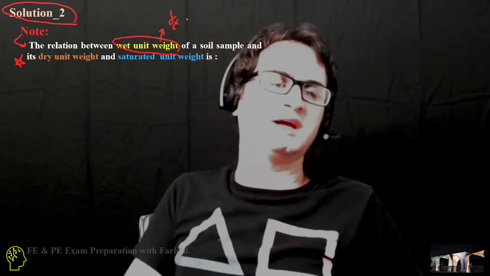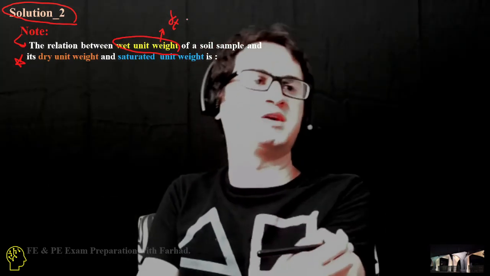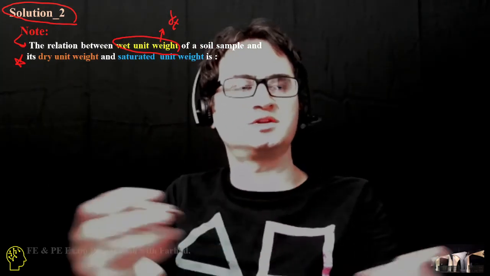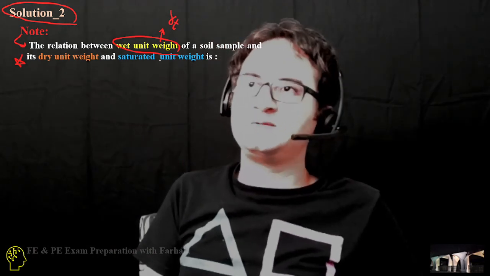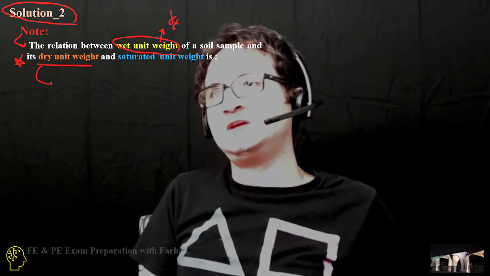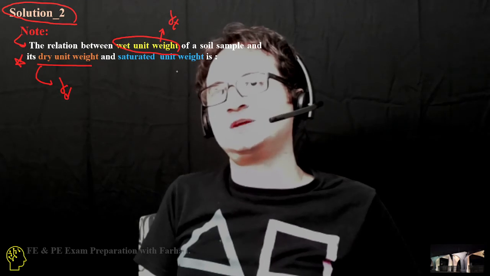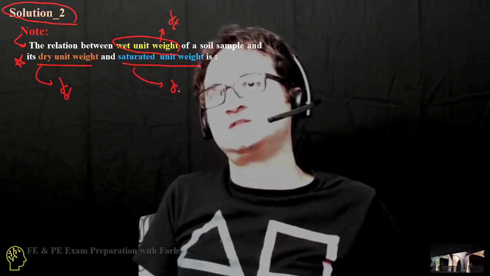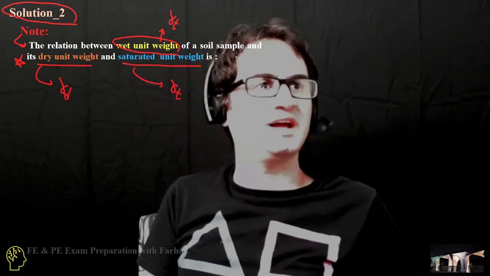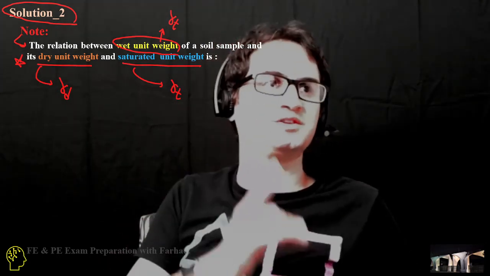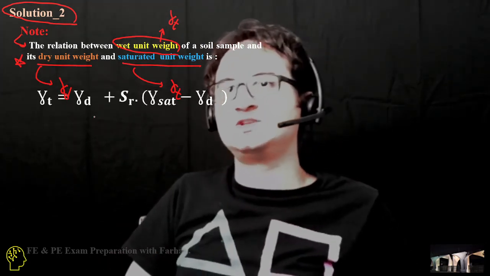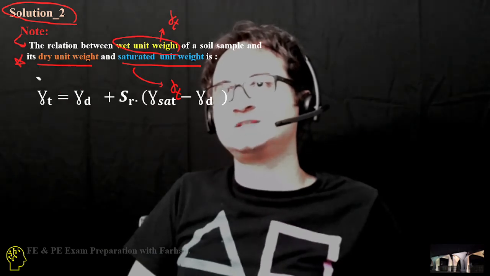Gamma T can be for any saturation from, for example, 2% to 99% of a soil sample, and it relates to its dry unit weight, gamma D, and saturated unit weight. Wow, that's interesting: one equation which connects these three components to each other, and it just gives us the solution itself.